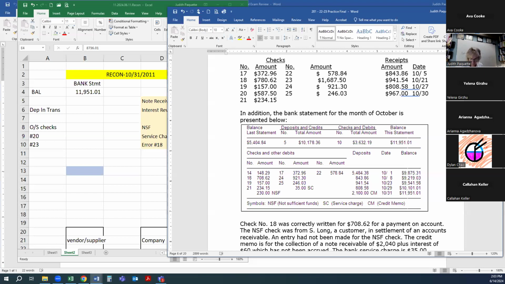How do you know? Where do you find that total? I see that you have it, Yelena, but where do you find it? On the bank statement on the right-hand side, where? There's two of them. Which one are you referring to?